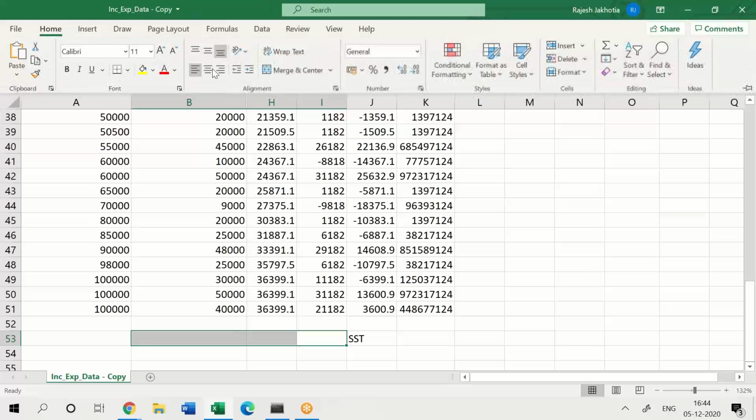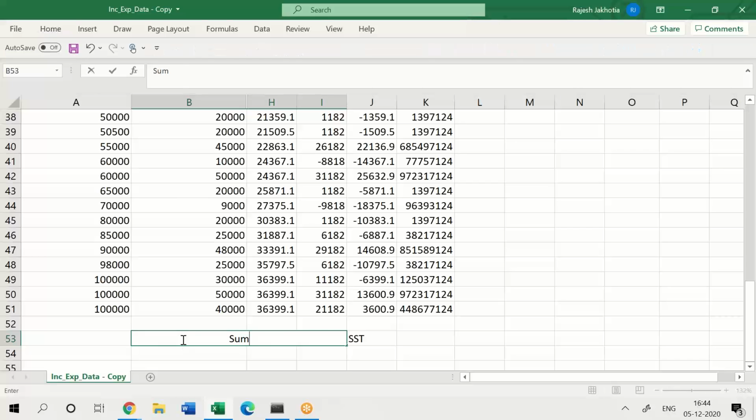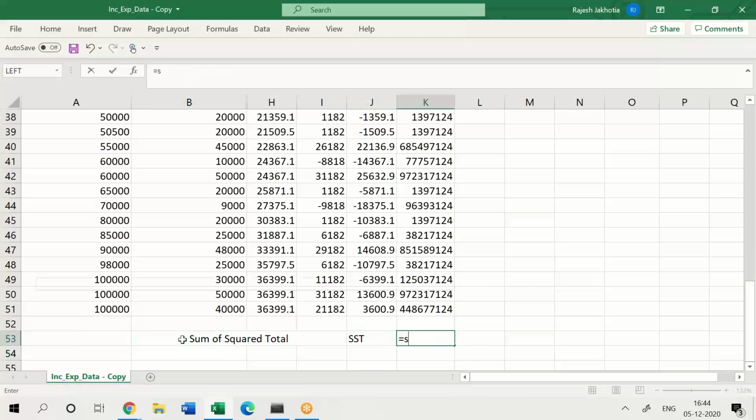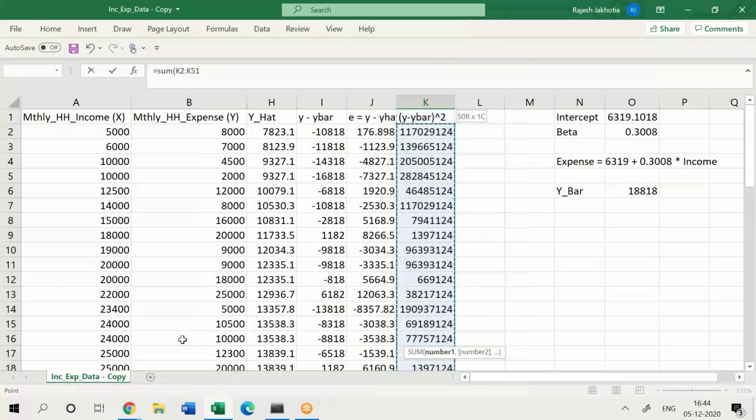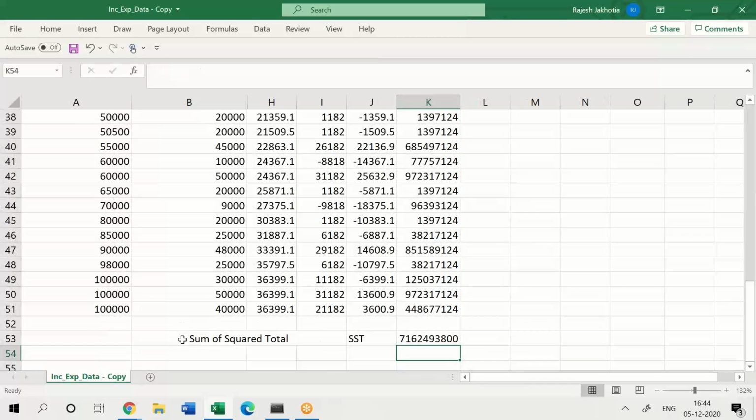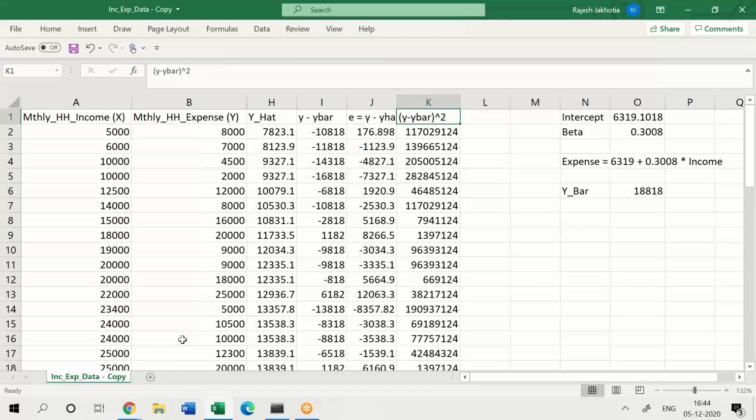So let's type that: sum of squared total, equal to sum. This is the value. Don't bother about this number. This number by itself does not have any meaning. Ignore it. It is called sum of squared total.